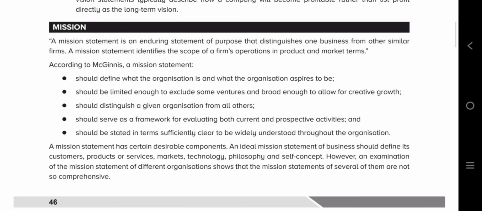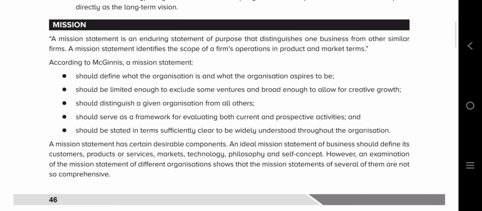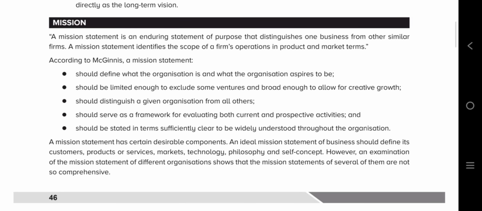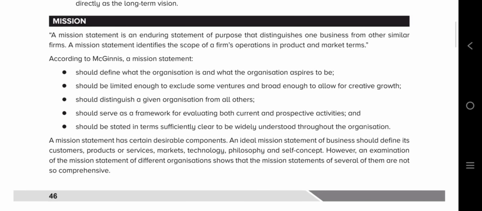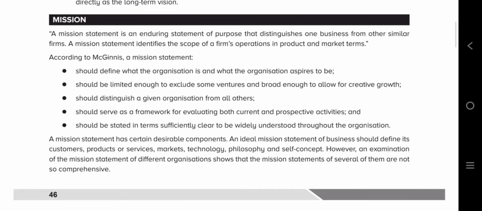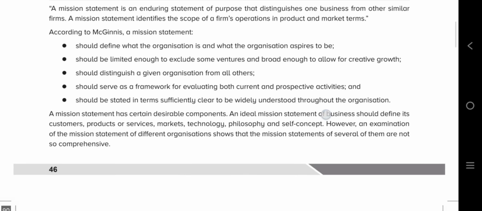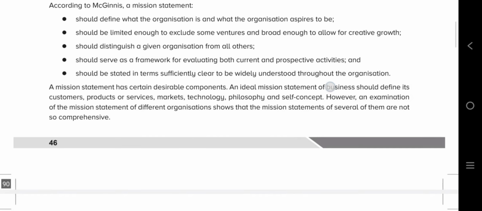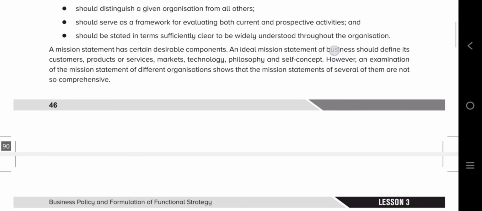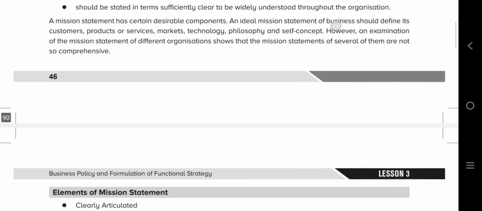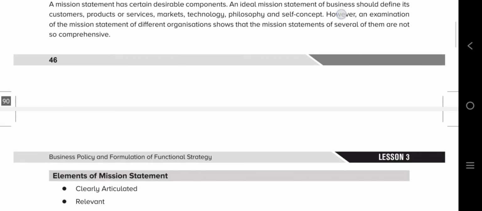Help strategic planning. Provide standards for assessment and control. Help decentralization. If objectives are clear, power will not be at one place, power will be decentralized.